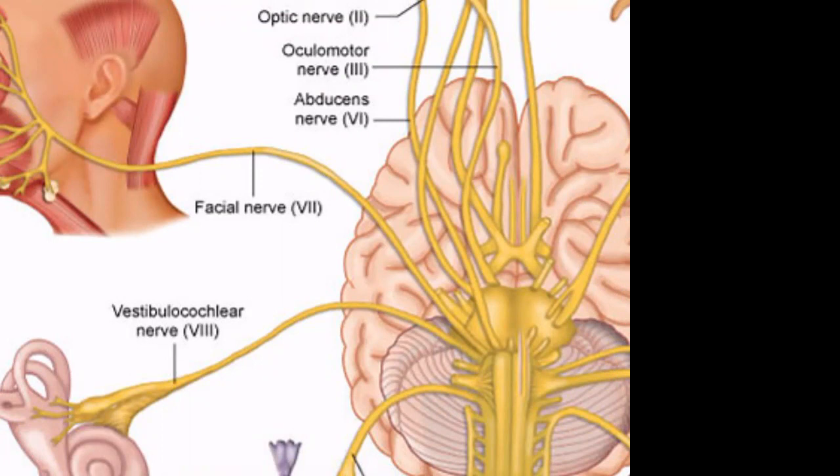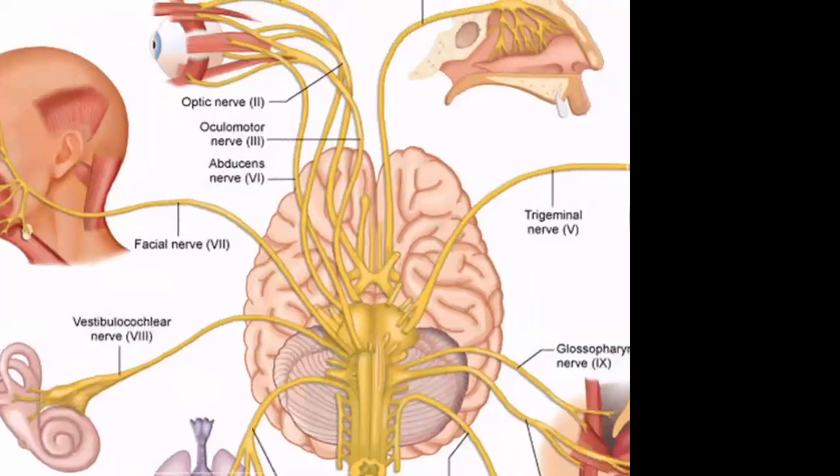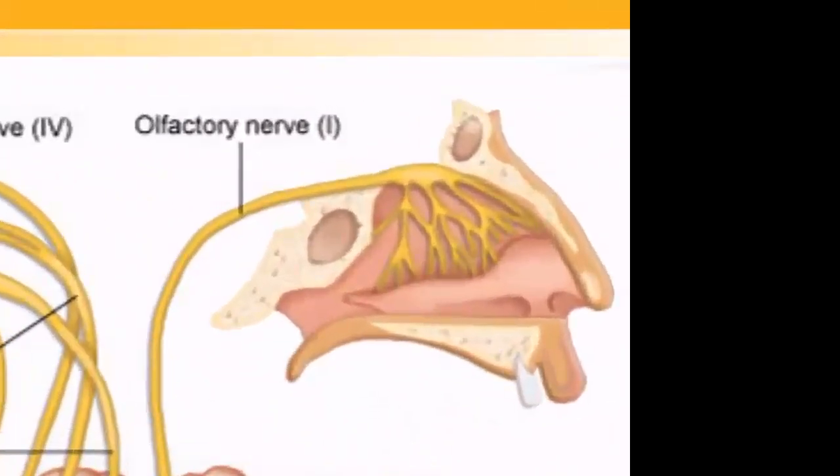Also, some of these nerves are motor nerves. They're just sending signals out. Some are sensory nerves. They're just bringing information in. And some do both. So let's look at the first one, the olfactory nerve, cranial nerve 1.